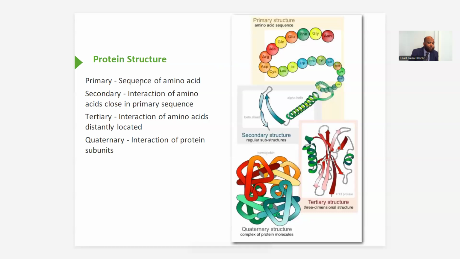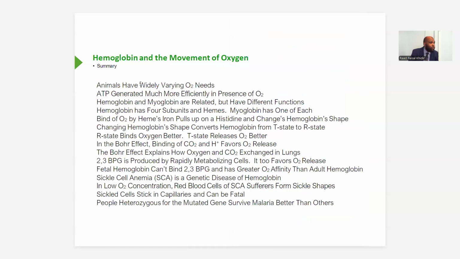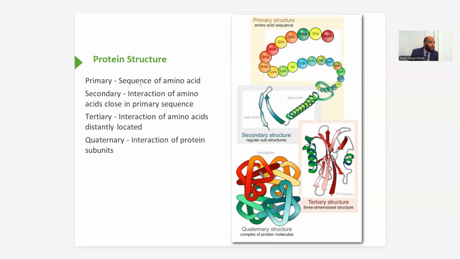The benefit is it confers immunity against malaria, because the parasite that lives in the mosquito's stomach, just like the HIV virus that wants to live inside your white blood cell, wants to live inside your red blood cell. But if it's heterozygous, it cannot enter. Same thing with HIV.